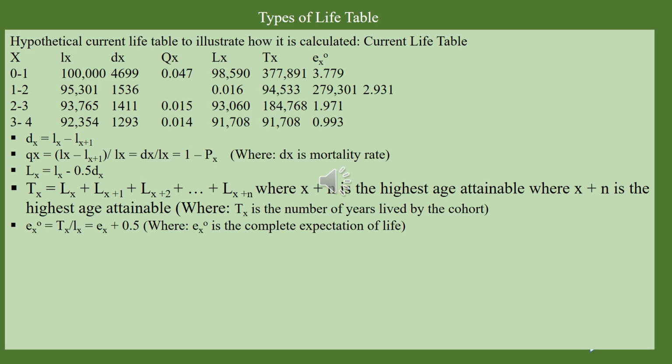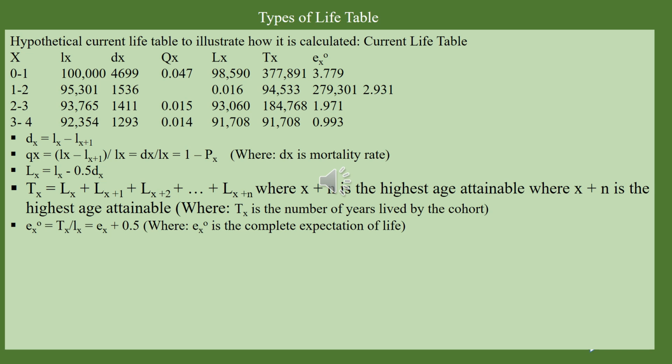That is 4,699 divided by 100,000. You do it well, you get 0.047. That is the mortality rate, the rate at which the animals are dying in the first year.